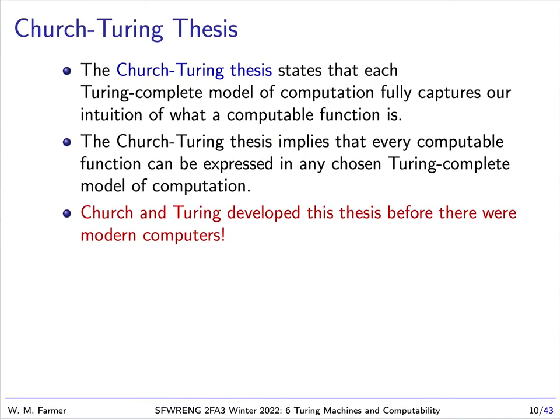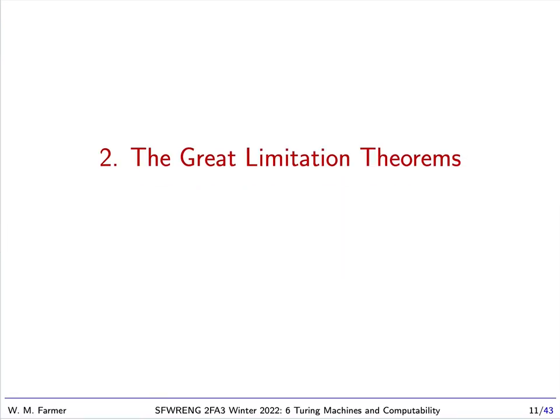Now, the amazing thing is Church and Turing developed this thesis before there were modern computers. Okay, we're going to stop here, but next time we're going to talk about the great limitation theorems of logic.